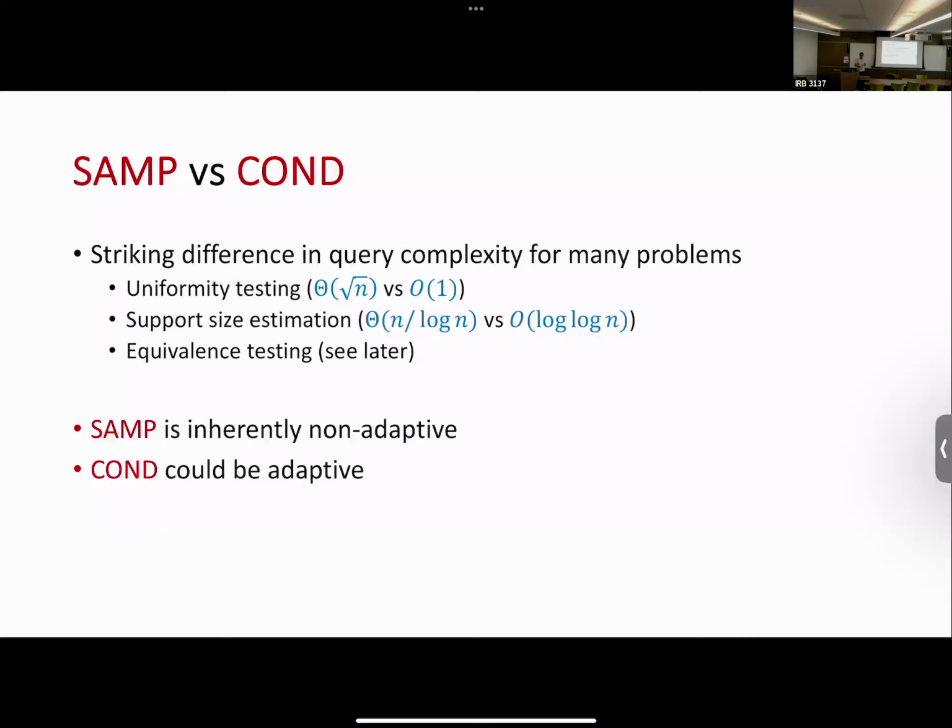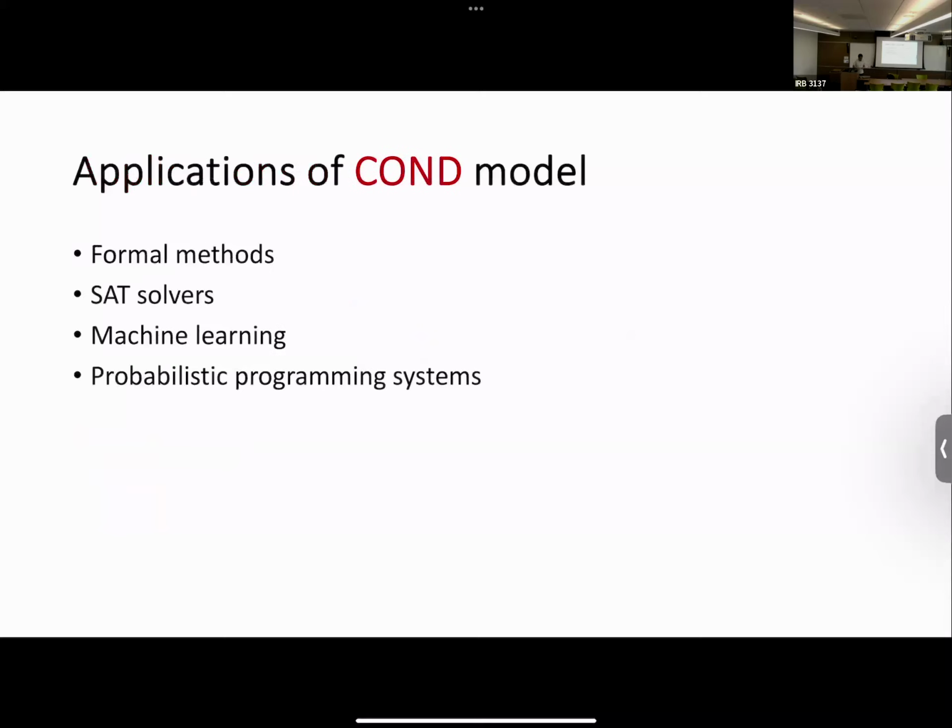Once you select some subset, depending on what sample you get, you can generate the next subset to query. That gives conditioning more power, and from the lower bound side, it makes our life much more challenging to show non-trivial bounds.